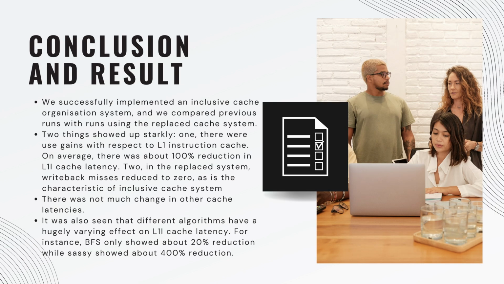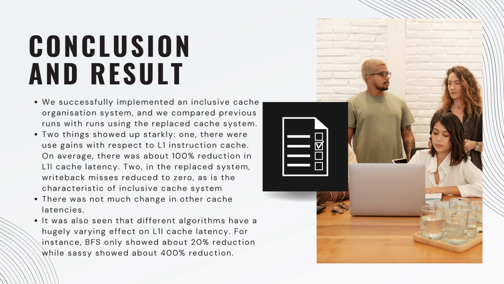What we observed after running this test is that using an inclusive cache results in a lot of optimization in reducing the latency of the L1 instruction cache, and as expected of an inclusive cache, it also reduces the write-back misses to zero.